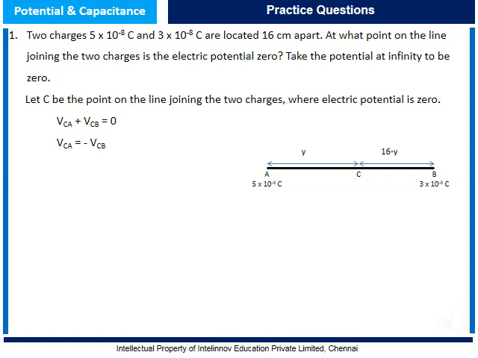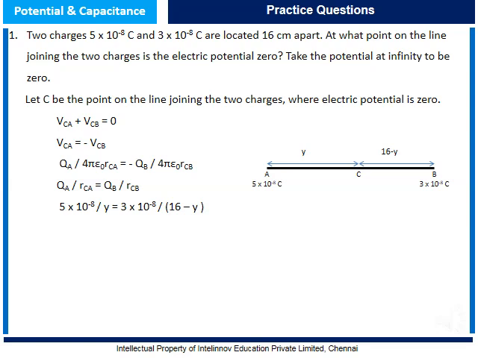On calculation we get QA by RCA equal to QB by RCB, which means the ratio of charge and distance is constant.